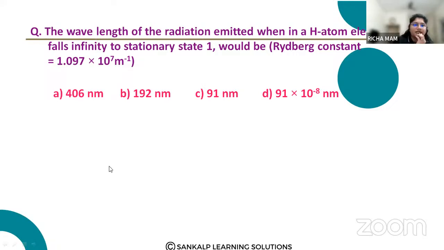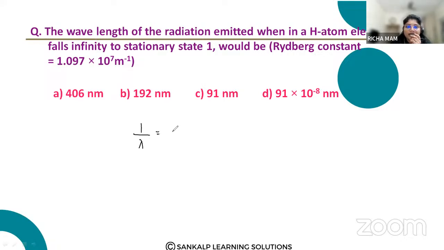Let us continue. So here they have asked the wavelength. So wavelength of a radiation emitted when in a hydrogen atom electron falls from infinity to stationary state 1 would be, what would it be? What will be the wavelength? Okay. What is the formula?